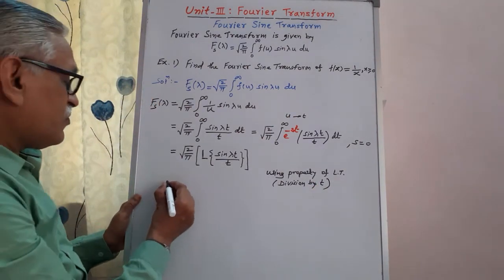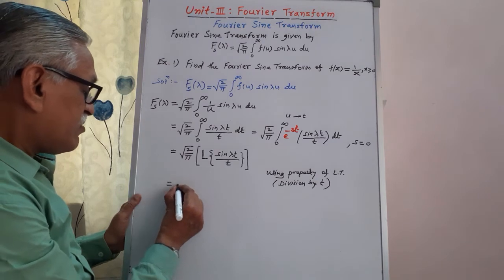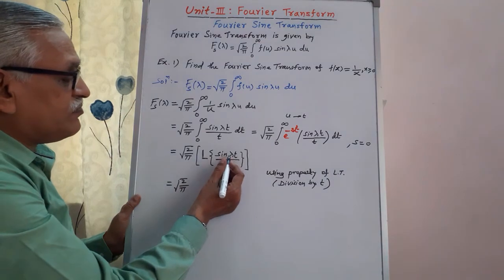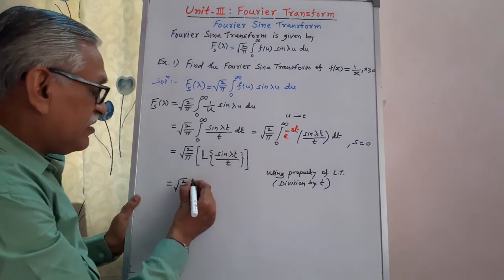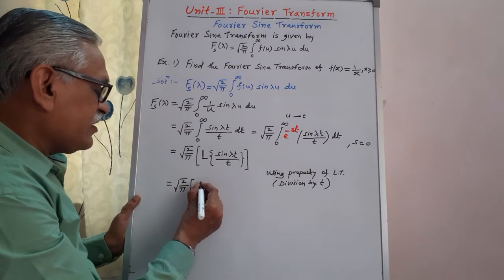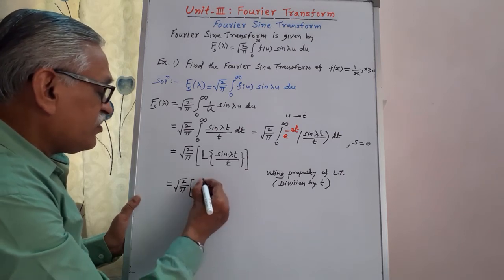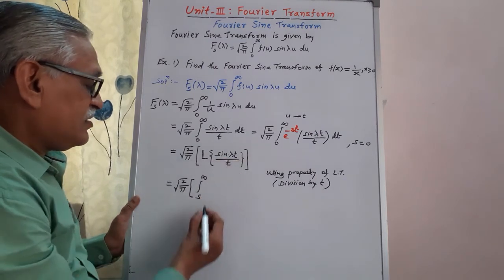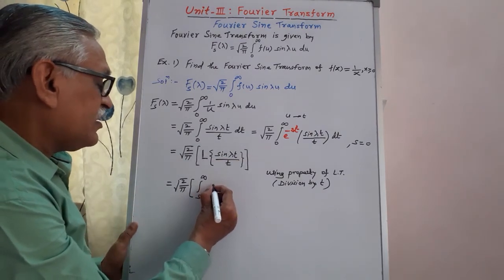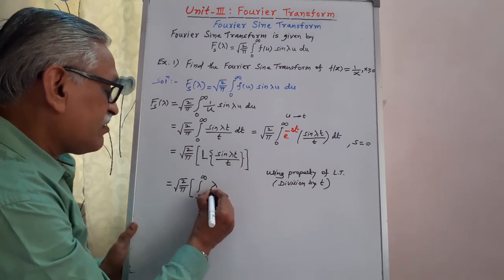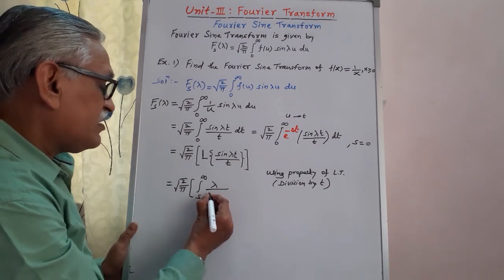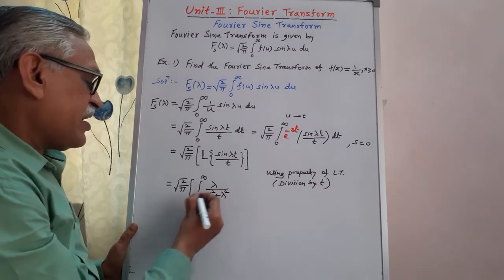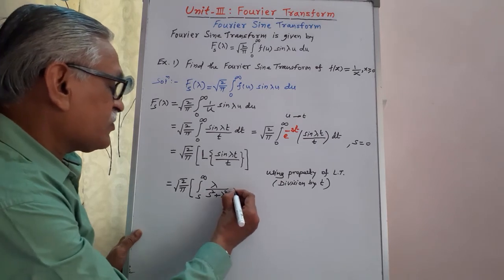Therefore it is equal to root 2 by pi, Laplace of f(t) by t. As per that property, it is integral from s to infinity of the Laplace of sine, and Laplace of sine lambda t is lambda divided by s square plus lambda square, and its integration with respect to s.